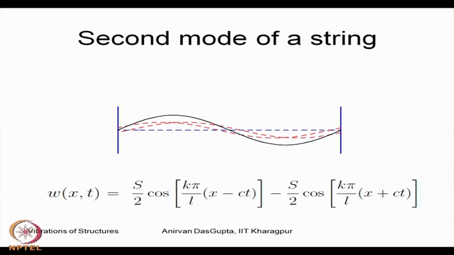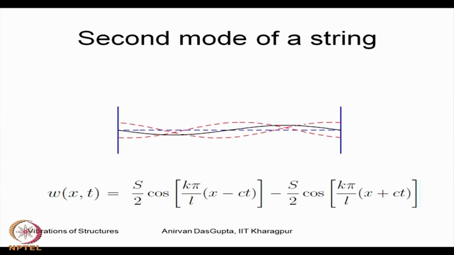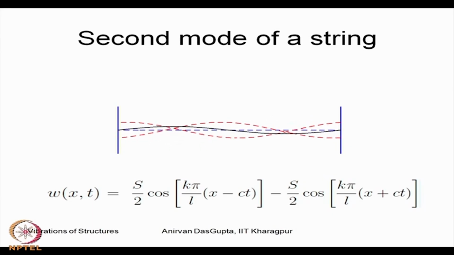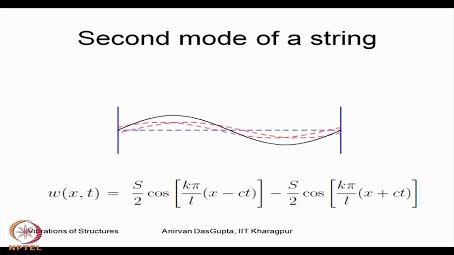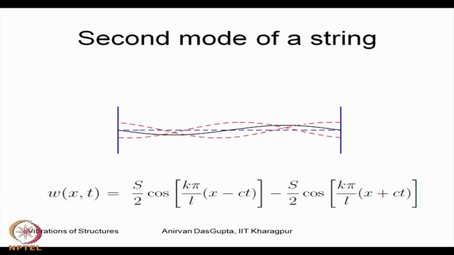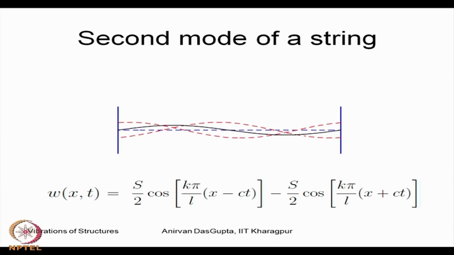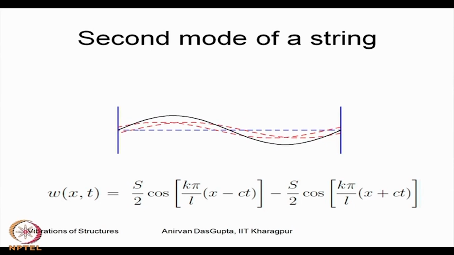Now, how do we understand the existence of these travelling waves that we are decomposing in? For that we have to look at the solution in detail, which we will do very shortly.